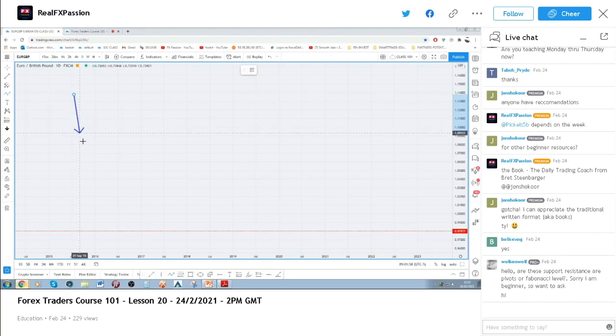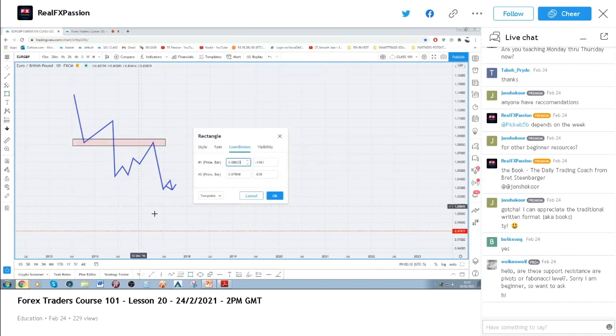So what we are looking for, everybody, is the market moving something like this, and something like this. We are looking for these levels here. We are in a downtrend.